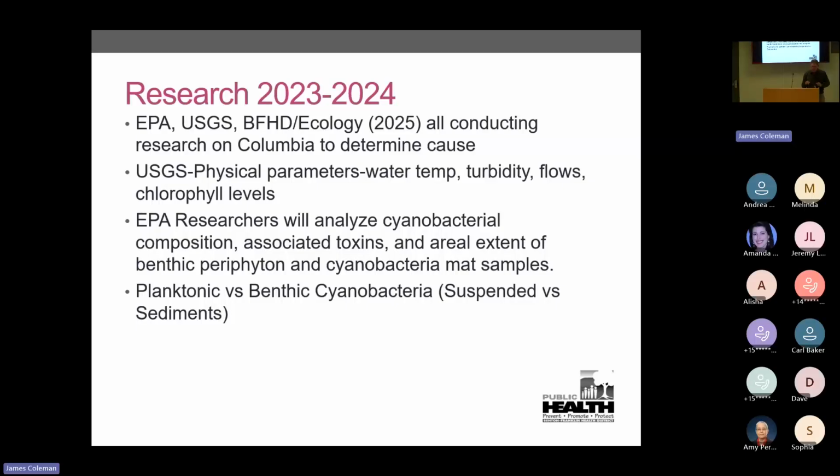There's another government agency called the USGS, that stands for U.S. Geological Survey. And they look at other parameters like water temperature, how cloudy the river is, and the flow levels. They can actually test chlorophyll levels in the water. So they're looking at some of those things which can be helpful.